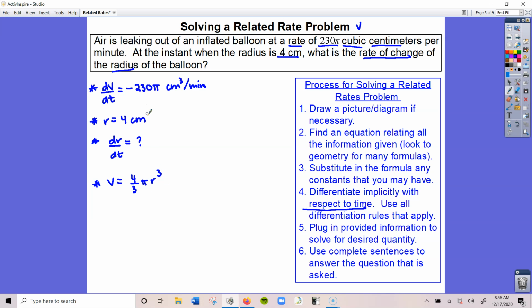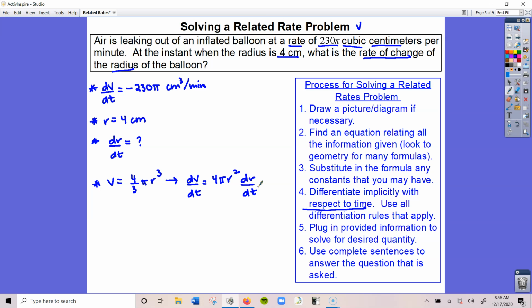Now, the 4 centimeters is not a constant. Because this balloon is deflating, the radius is going to change all the time until there's no more air. So we cannot plug in the 4 yet. Right now, we're going to just differentiate. So dV/dt is going to equal 4π r² dr/dt.